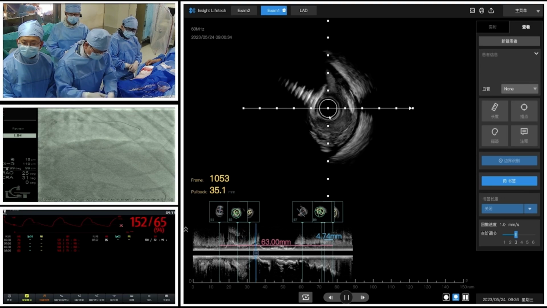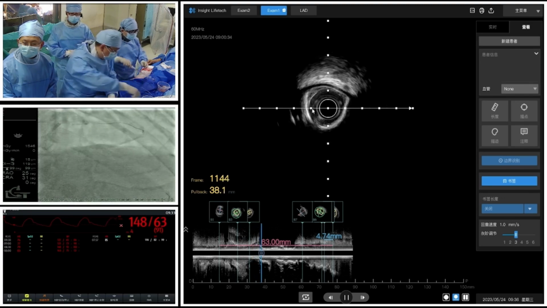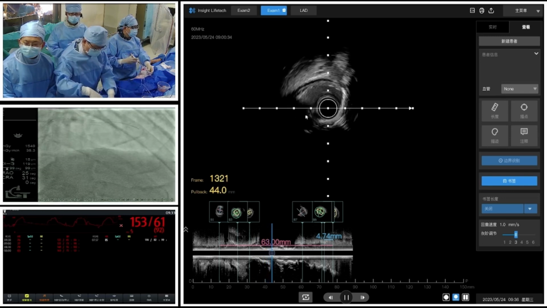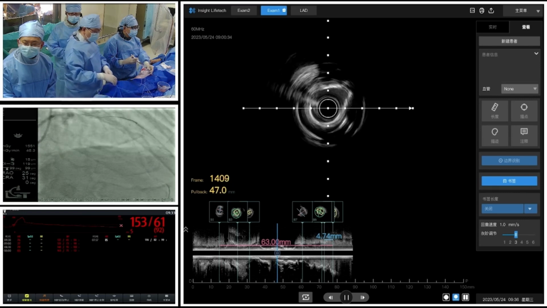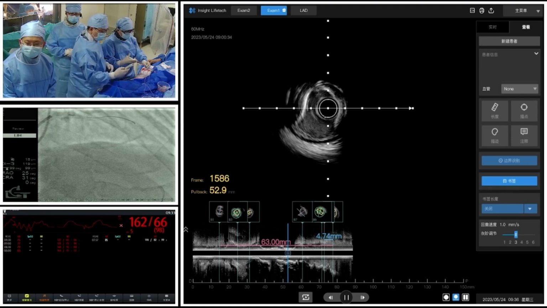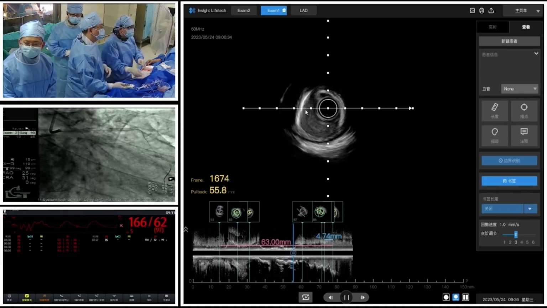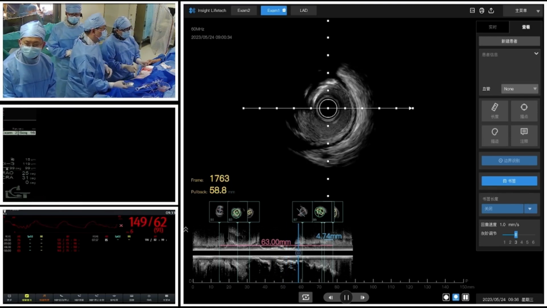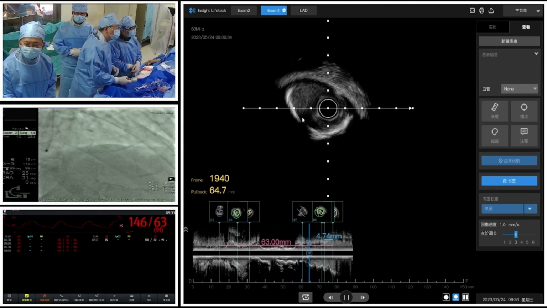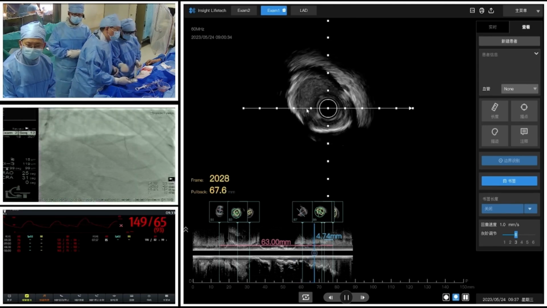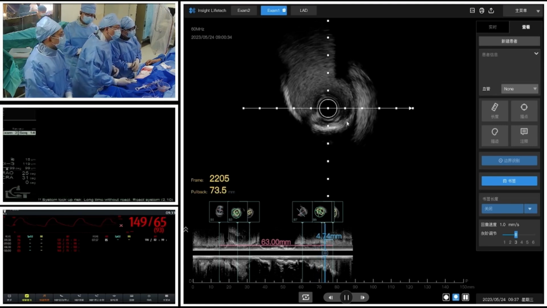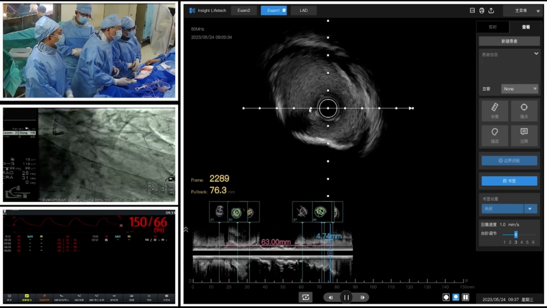And in this part, we can see there's a heavy calcification, almost 300 degrees. We can see there's some fracture in the superficial of the calcification. The RA is a useful method for these lesions.